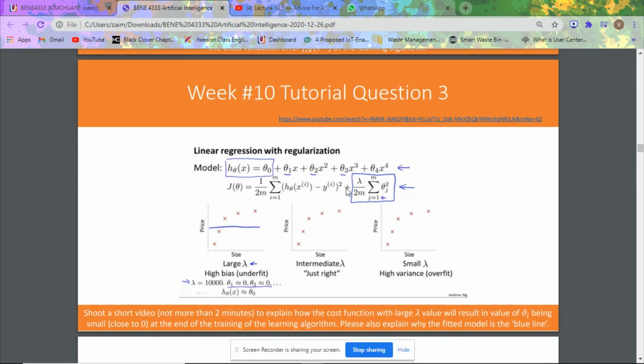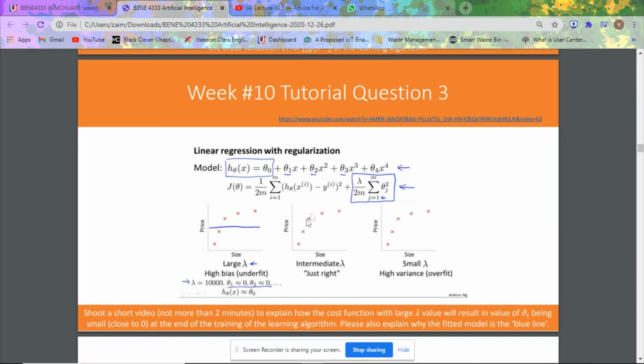So when the value of lambda is equal to 0, the penalty term has no effect. However, as lambda increases to infinity, the impact of the shrinkage penalty grows and the coefficients, which are theta 0 to theta 4, will approach 0.